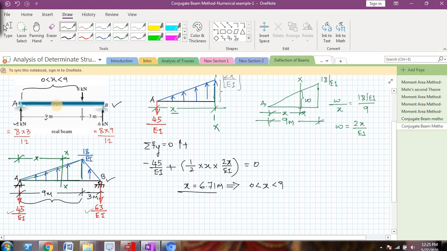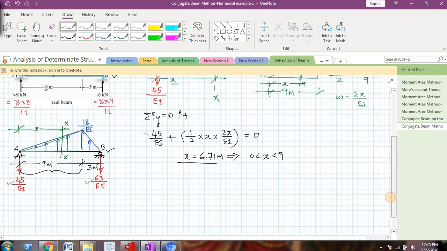So it means that you have maximum deflection there. To get the maximum deflection on the real beam, you need to find the corresponding moment on the conjugate beam. I can find that using this same free body diagram.